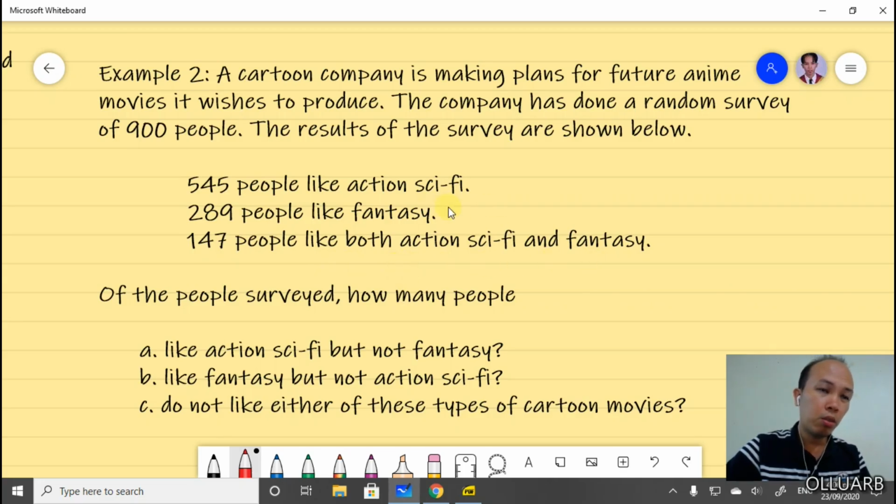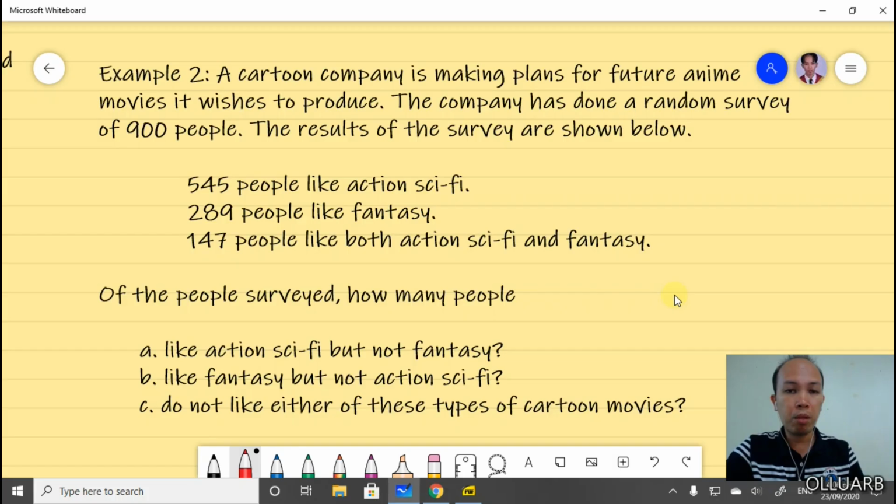As you have noticed also here, there are only two groups of people: those people that like action sci-fi and those people that like fantasy anime. Okay, so there are two sets here that we are going to make. Unlike example number one, there are three sets. We have news, sports, and concerts.